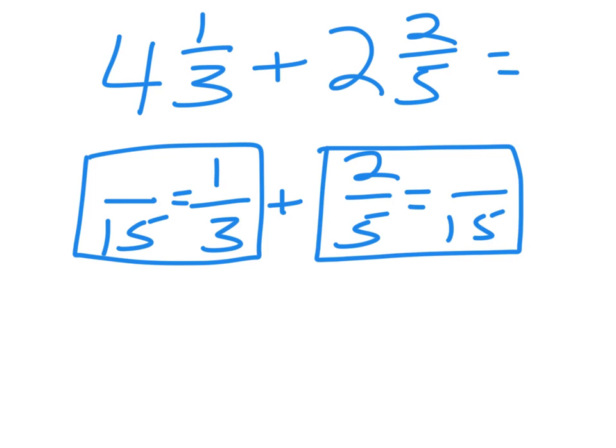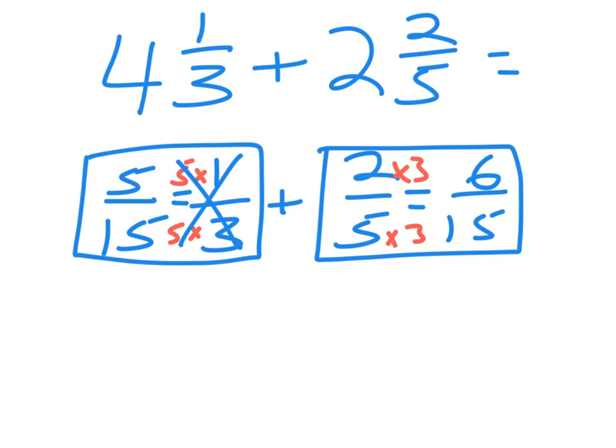So 3 times 5 is 15, so 1 times 5 is 5. 5 times 3 equals 15, so 2 times 3 equals 6.